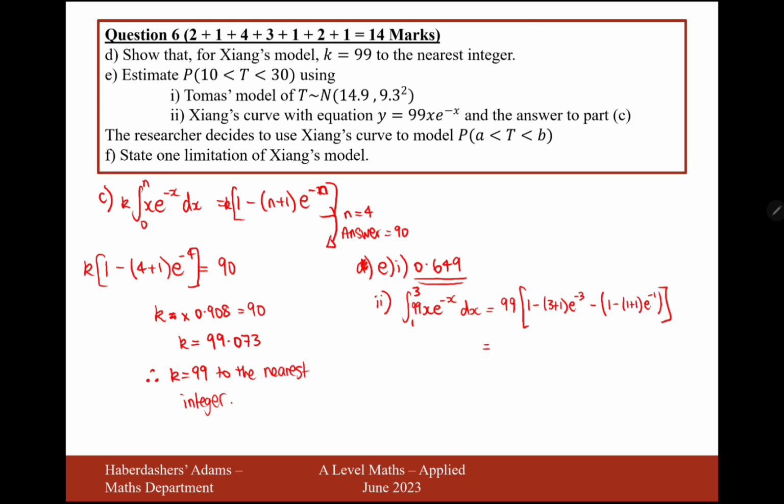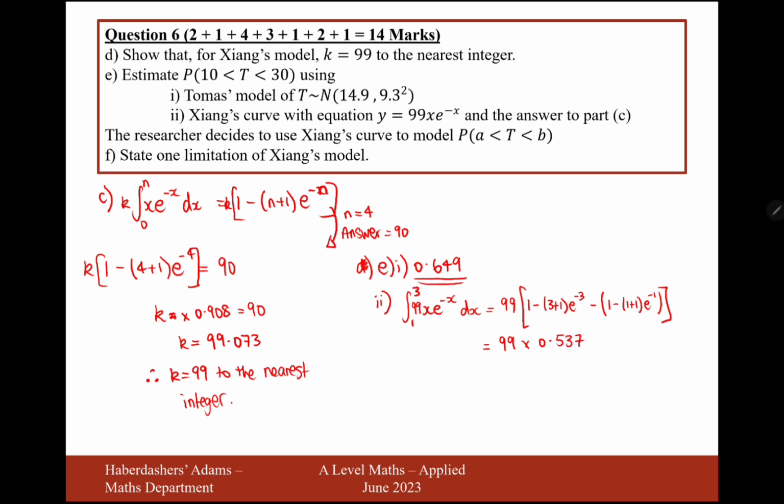If we type that all into the calculator, that will tell us the number of people that we expect between 10 and 30, and then we'll have to divide it by 90. So 1 minus 4 e to the minus 3, take away 1 add 2 times e to the minus 1, which gives us 99 times 0.537.